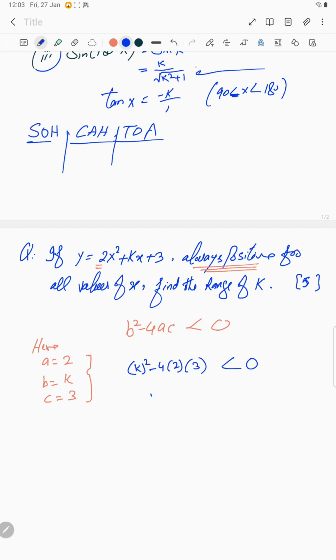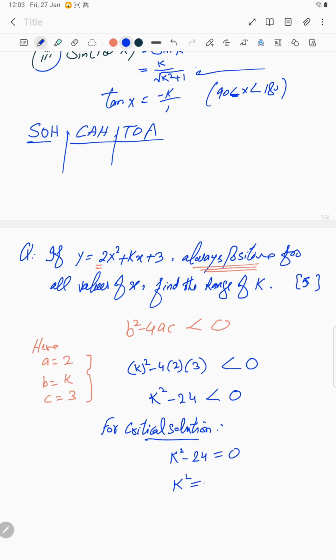So k square minus 24 less than 0. For the critical solution, we can say k square minus 24 equal to 0.